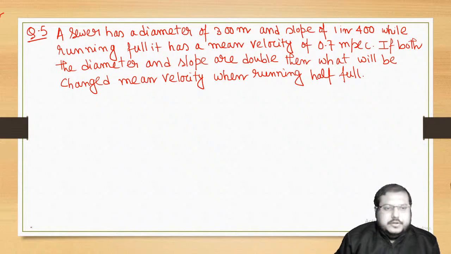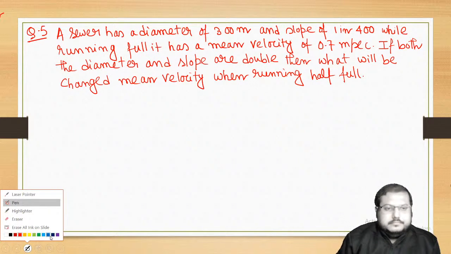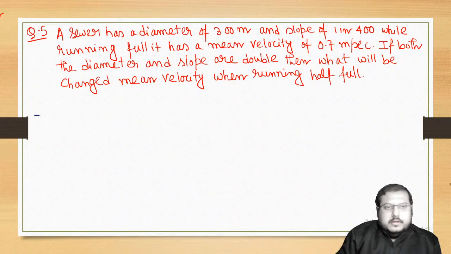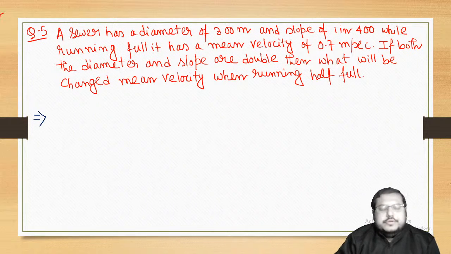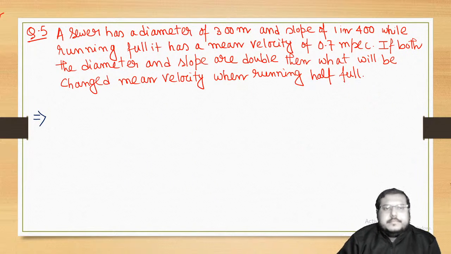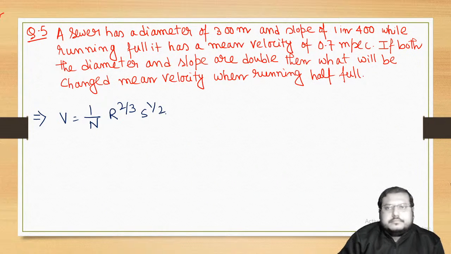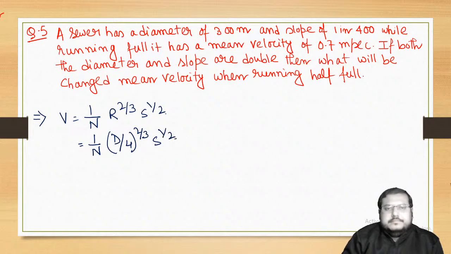See, the solution of this question, the way I'm going to solve it, you need to use your calculator at the last moment. So what is V? 1 by n R to the power 2 by 3 S to the power half, which is 1 by n, R is D by 4 for fully filled sewer, to the power 2 by 3, S to the power half.